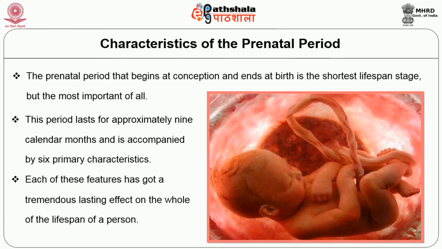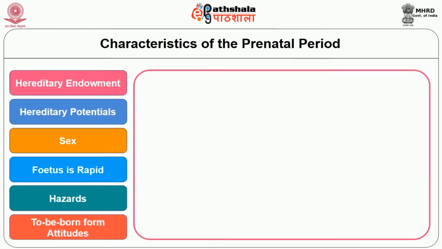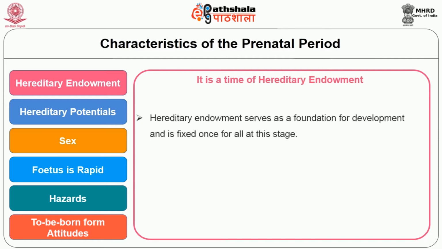Each of these features has a tremendous lasting effect on the whole of the lifespan of a person. Let us see each of these characteristics in detail. First is, it's a time of hereditary endowment. Hereditary endowment serves as a foundation for development and is fixed once and for all at this stage.